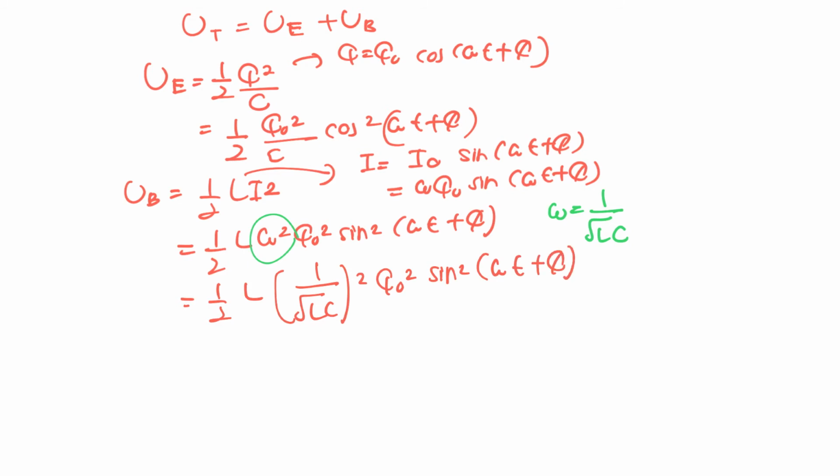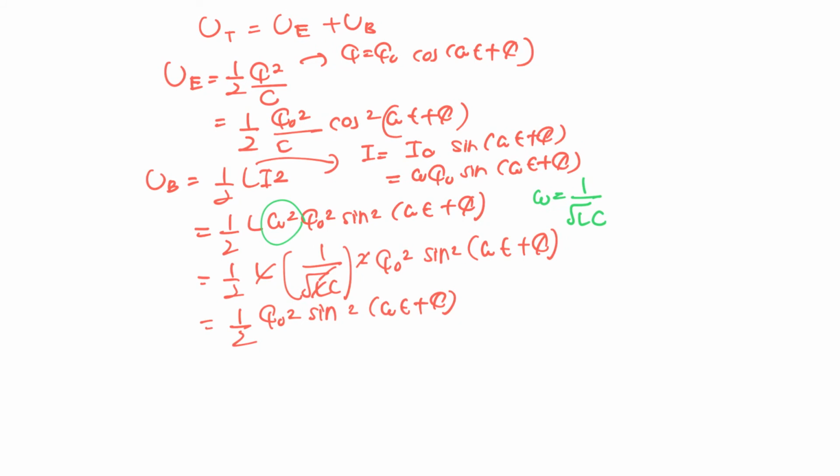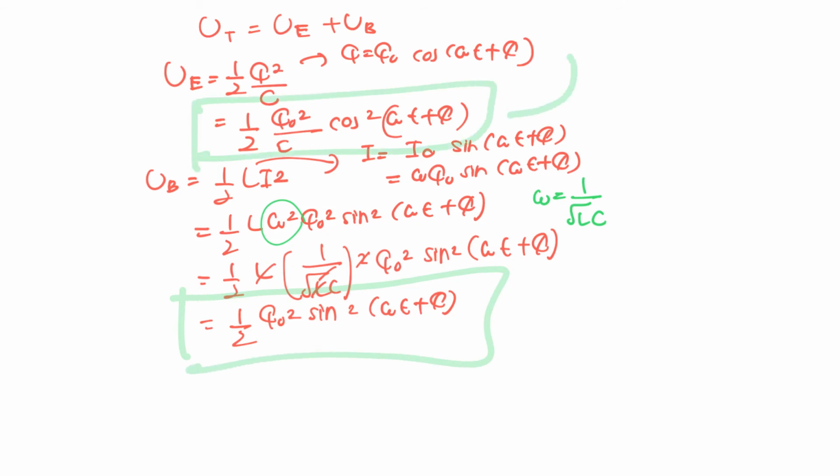Here the square root and square cancel, so L can be cancelled out. So you are going to get 1/2 q naught square over C sine square(omega t plus phi). Now we are going to insert this formula and this formula into the total energy.